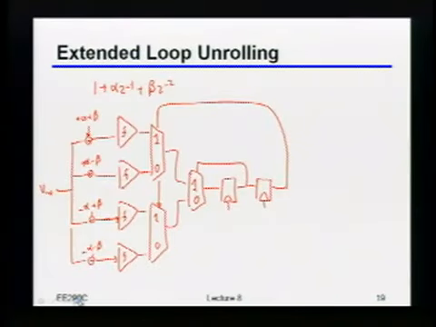I think only recently people started doing the second tap, but I'm not really convinced that's a worthwhile endeavor because, remember, all the power that you spend for everything in front of it is proportional to the amount of capacitance you've got here in the first place. And so 4xing the number of comparators pretty quickly adds up from a power standpoint. Okay, so indeed it can be done. I just wanted to mention this to make sure the concept was clear. But mostly you're probably going to at most do a one-tap loop unroll.